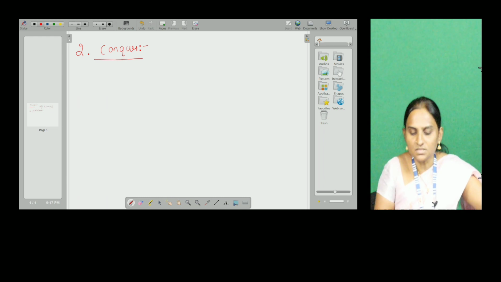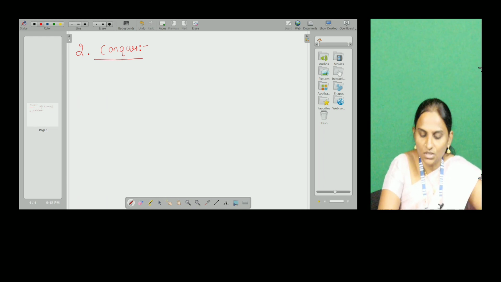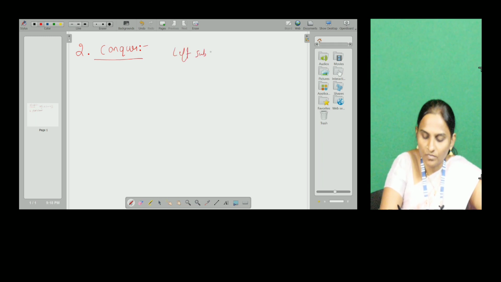Conquer means, after partition is done, the two sublists are formed, the left sublist and the right sublist.